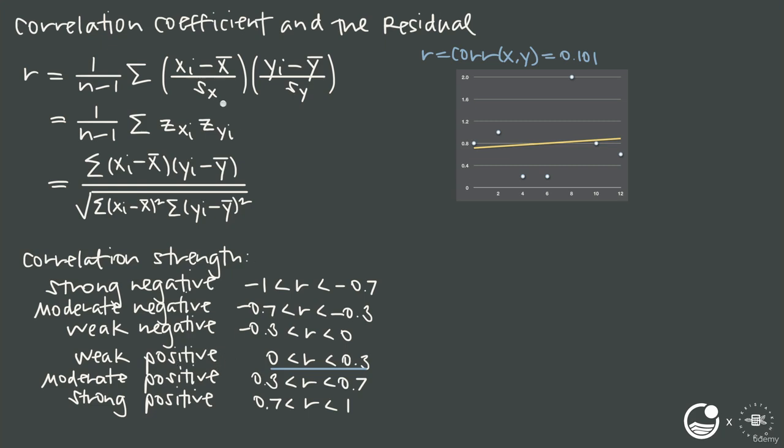Now, related to the correlation coefficient, at this point, we need to talk about the residual as well. So the residual for any data point, in other words, every data point has a residual. The residual for any data point in a scatter plot is the difference between the actual value, so the data point itself, and what the regression line predicts at that same value of the independent variable.